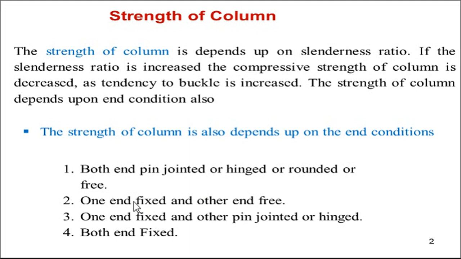Another end condition is one end fixed and the other end free. The third important end condition is one end fixed and the other end pin jointed or hinge jointed. And the last, fourth, is both the ends of the column fixed, or rigidly fixed, we can say. So all these four conditions invariably contribute to the strength of the column.